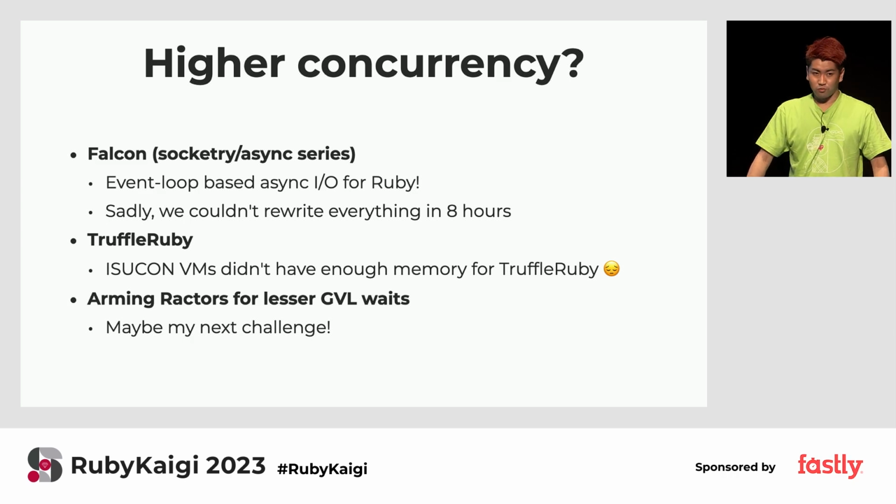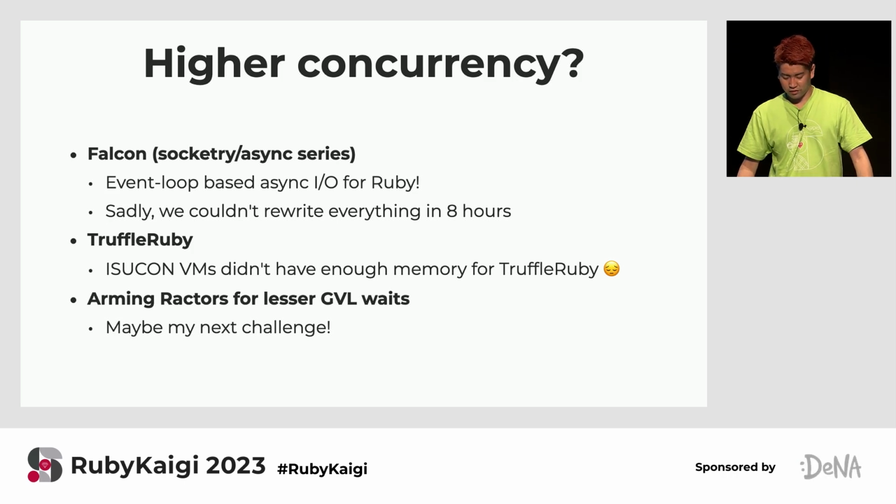Another option we came up with was TruffleRuby. TruffleRuby is a completely alternative implementation of Ruby. We tried this too, but the ISUCON VMs didn't have enough memory for TruffleRuby. It's a really limited environment, so that's a sad thing. And finally, Ractors could be a really good option.